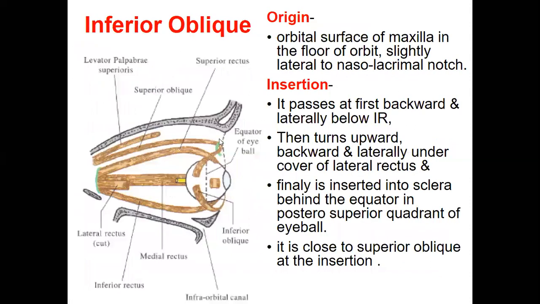So this one is the fibrocartilaginous pulley, at the junction of the roof and medial wall of the orbit.